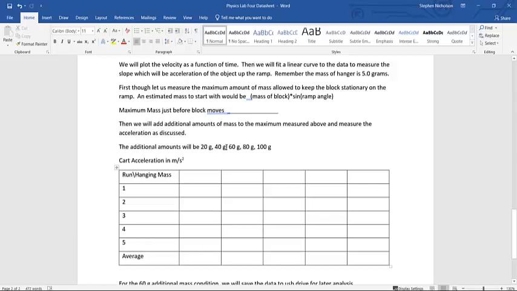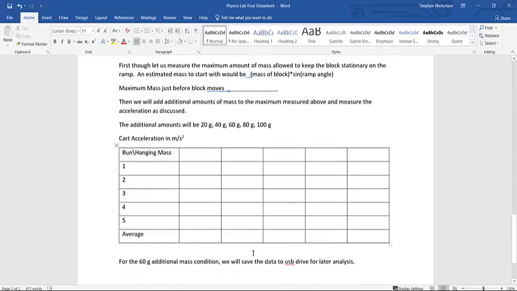Now in the middle, when we do the 60-gram condition, we'll also download the raw data to a USB drive so that we can analyze one of the runs.